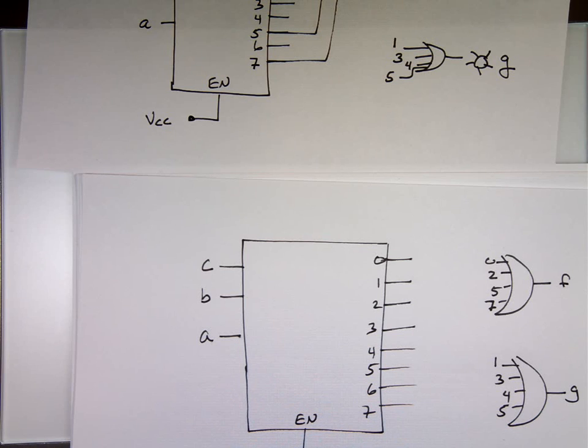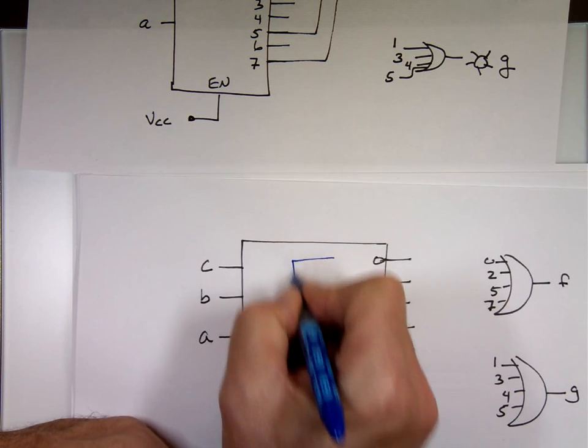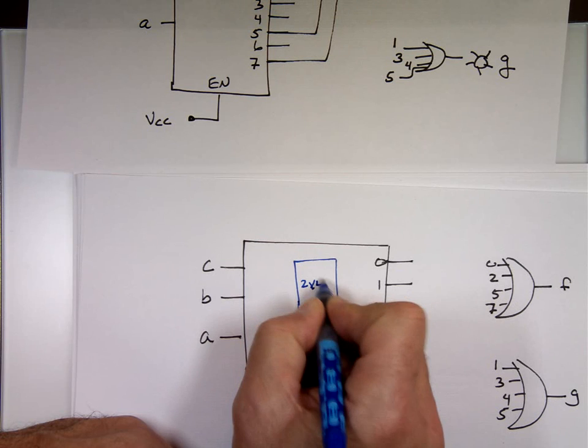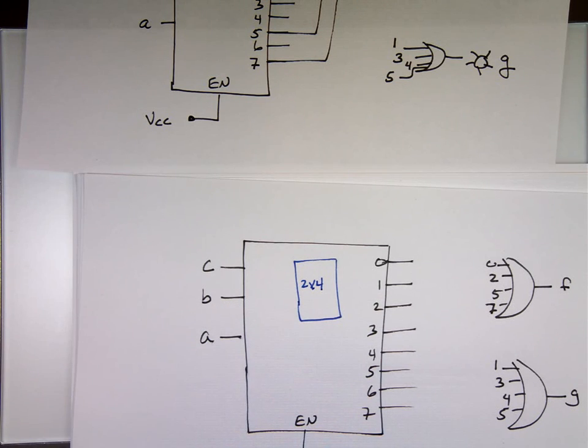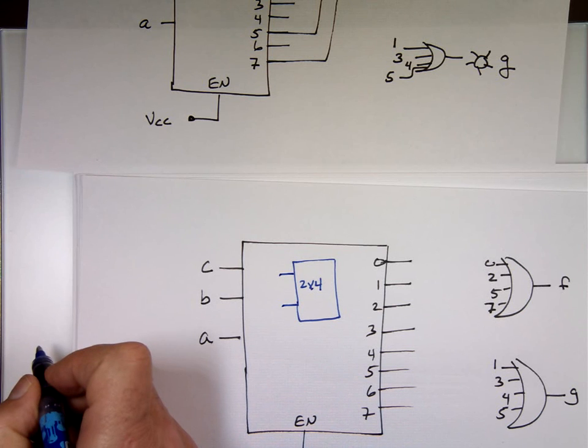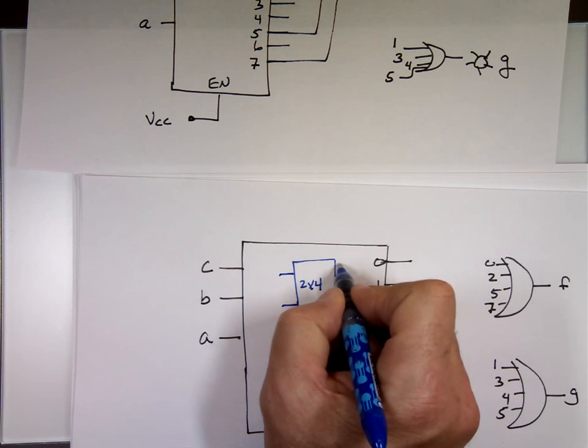The ones I have is actually 2 by 4. It has 2 inputs and 4 outputs. Well, what if you connect C to both of them, and A and B separate ones?